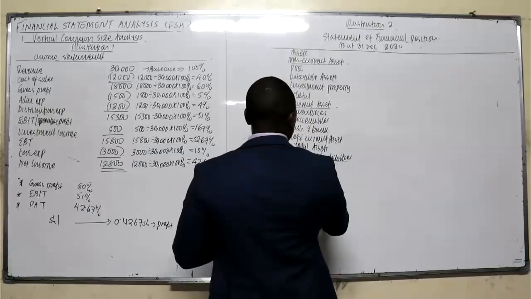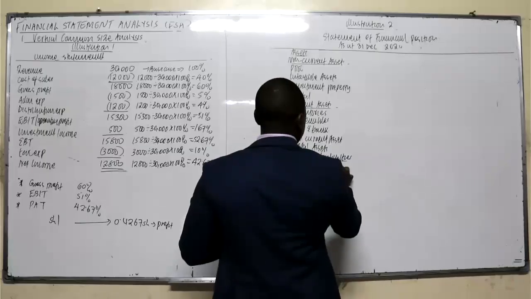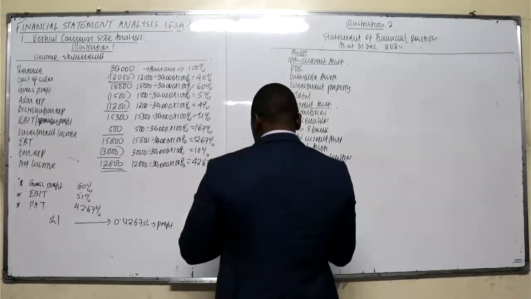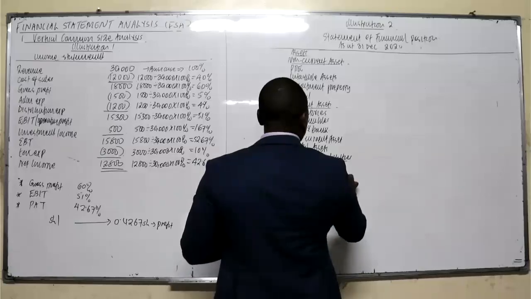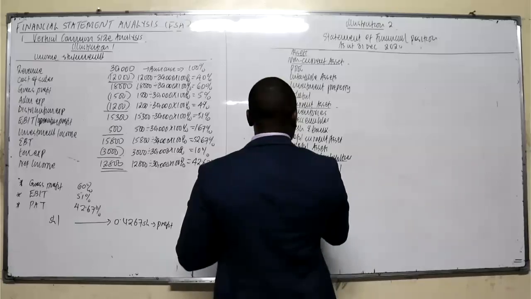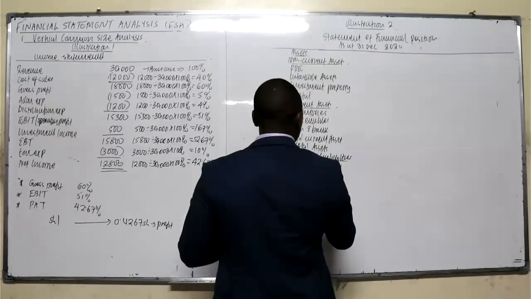We have the ordinary share capital, the share premium, then the retained earnings.